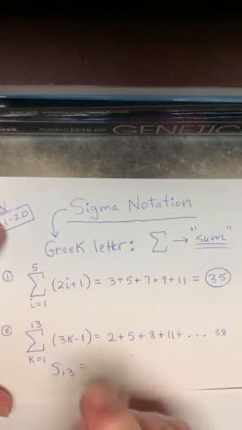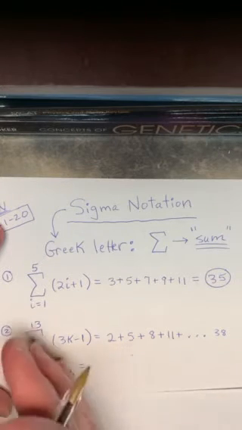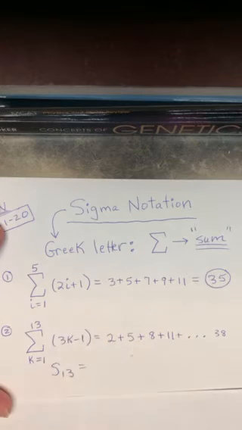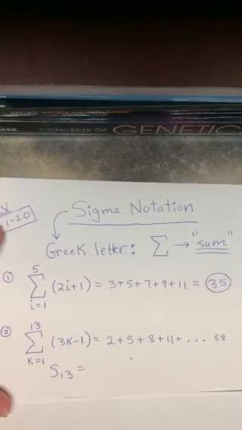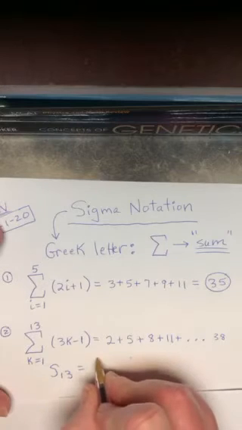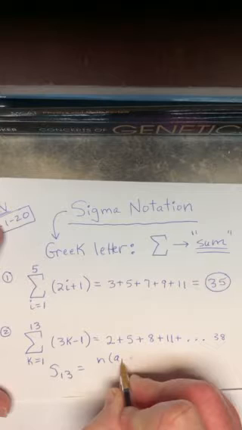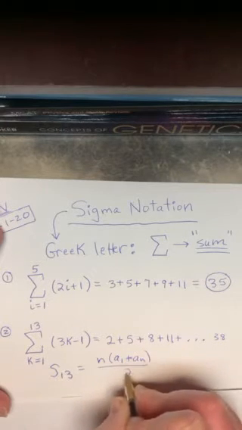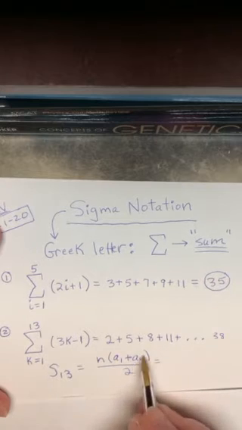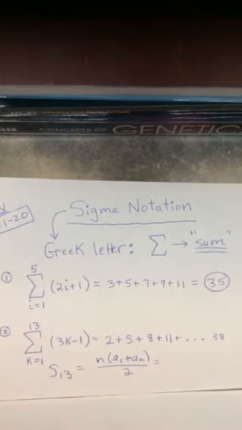Isn't the formula to find the sum of the first n numbers of any arithmetic series really what? Does anybody remember? I'll give you a second to think about it. Does this look familiar? It was n times a sub 1 plus a sub n all over 2. Remember that formula when you had to go off to the side and do some chicken scratching just to get the a sub nth term?